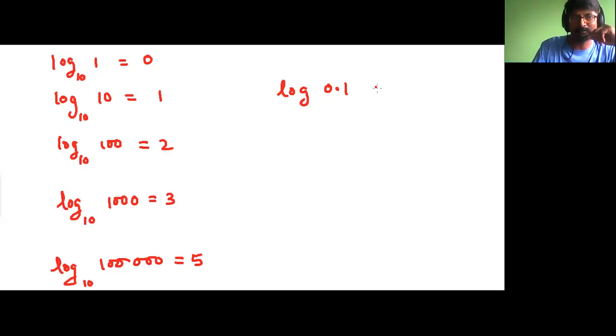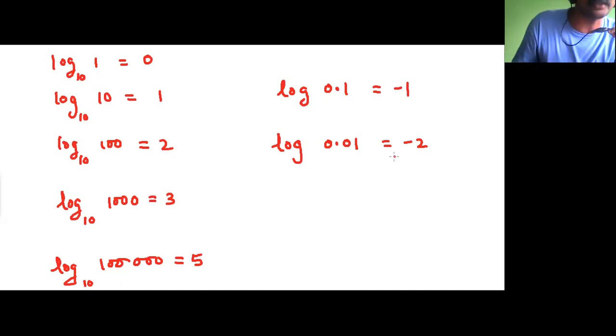This is 10 power minus 1. Log of 0.01 is minus 2, because 10 power minus 2 is 0.01, isn't it? So on, guys. I hope you understood all these constants.